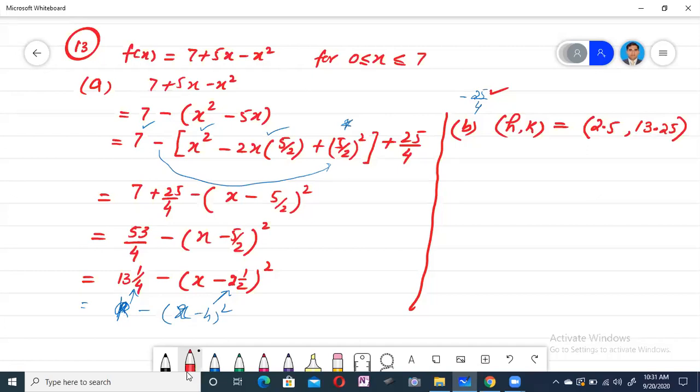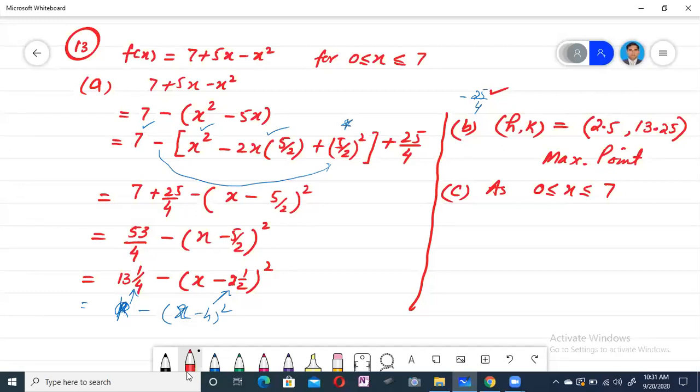As here the coefficient of x square is negative, then this turning point will be the maximum point. As the domain is 0 to 7, 0 less than or equal to x less than or equal to 7. This is the domain.